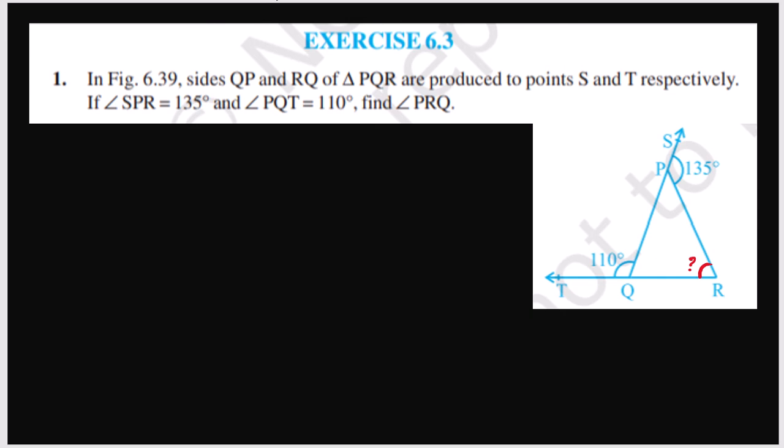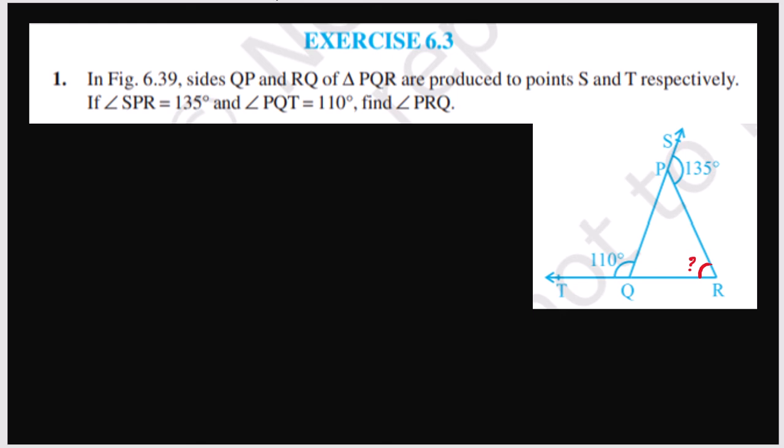Here angle PQT is given as 110 degrees. So we get angle PQR, that is 70 degrees, because these two angles form a linear pair. After getting angle PQR, now we want PRQ.